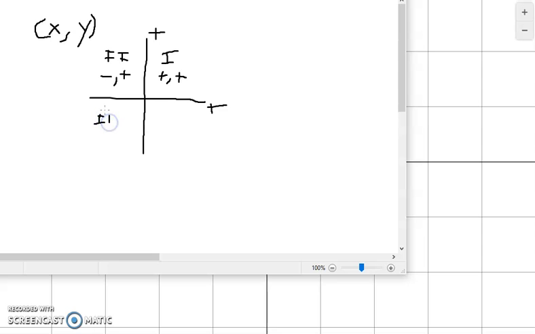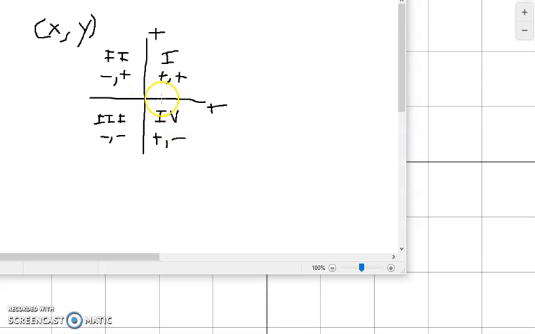Quadrant 3 is to the left on the x-axis and down on the y-axis, and so that means you have 2 negative values. Both the coordinate values are negative. And then this here is the 4th quadrant. These are in Roman symbols, by the way, if you don't know. We're right on the x-axis, we're down on the y-axis, so we're plus and negative. So this is the sign convention that we're going to use.